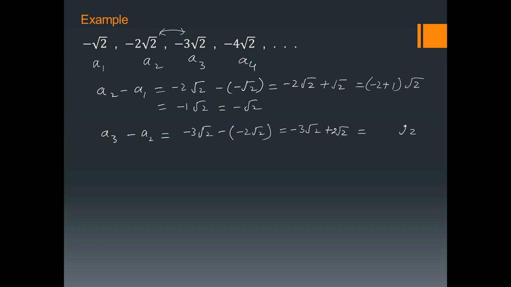Square root 2 is taken common, minus 3 plus 2, and the answer is minus 1 square root 2. In each case the difference is coming the same, so D is equal to minus square root 2, and the given sequence is arithmetic.